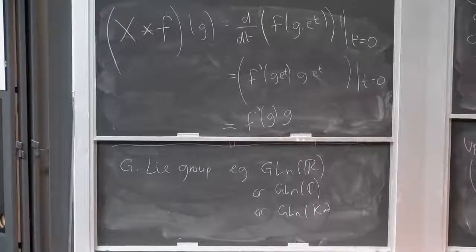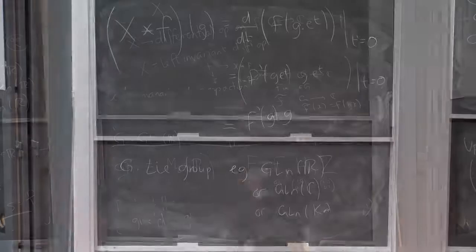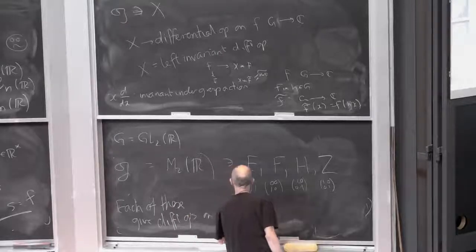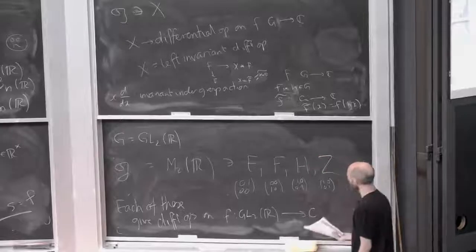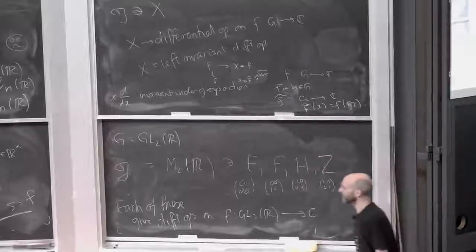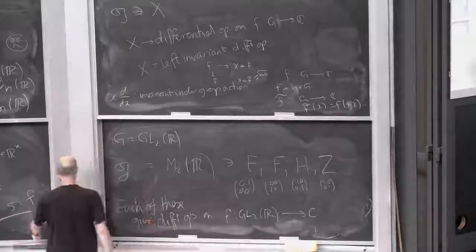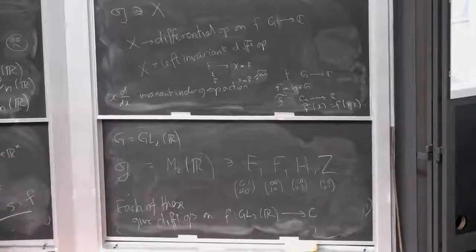So back to GL2. You're happy? I'm going back to GL2. I've got 4 differential operators on functions from GL2 of the reals to the complexes. I once worked out a formula for these functions, and they were awful. They're absolutely awful, and I wrote something, and it's on the course website, okay?